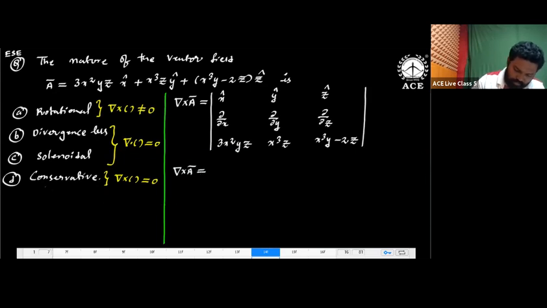Curl of A, x cap into this minus this into this. I'll write down directly. Can I write down directly? What is this into this?